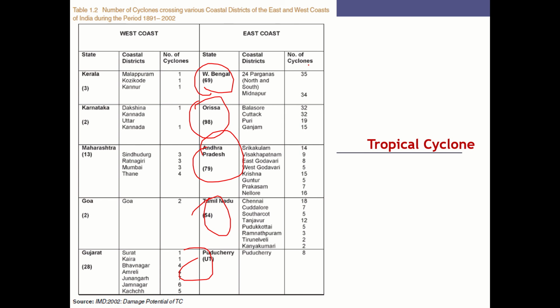This is a natural phenomenon, and we are facing it on a regular basis. Actually, if you see Andhra Pradesh that we are concerned with, Krishna district, where we are situated, is one of the most affected districts in terms of cyclone.